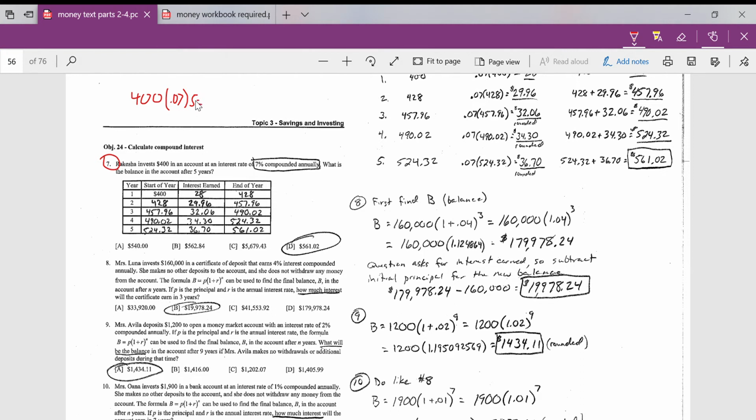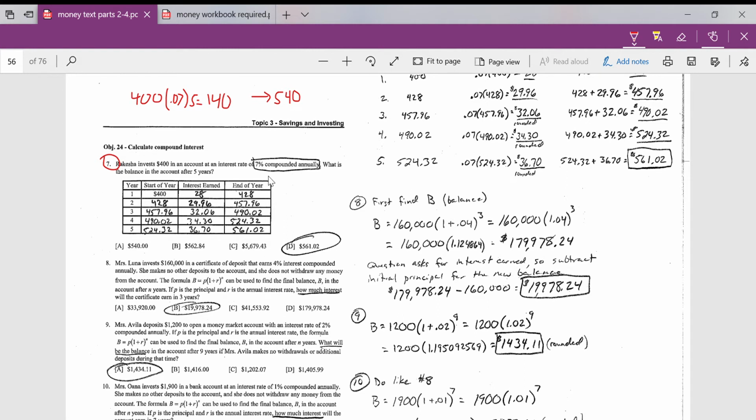Let me type that in the calculator here just to give you an example of what that would equal. So 400 times 0.07 times 5, you would earn $140. Okay, that would be how much you would earn, which would give you in turn $540, because you'd take your original $400 of principal plus 140, you'd end up with 540.